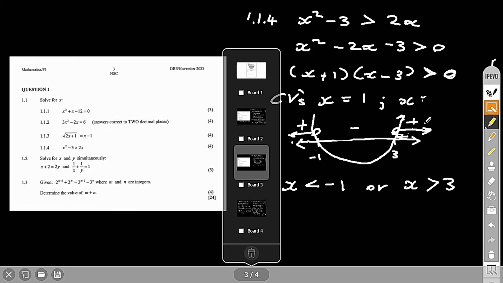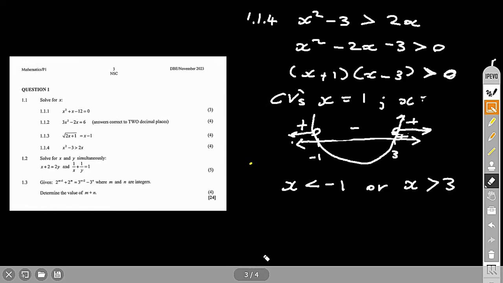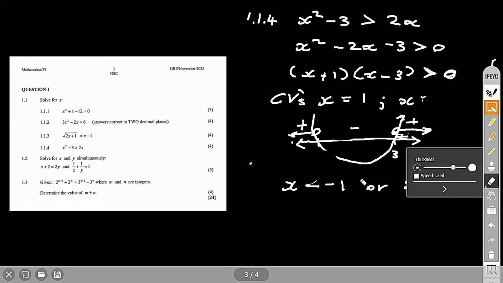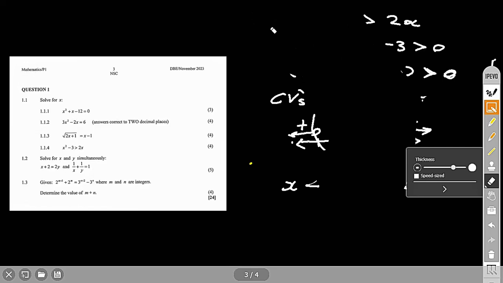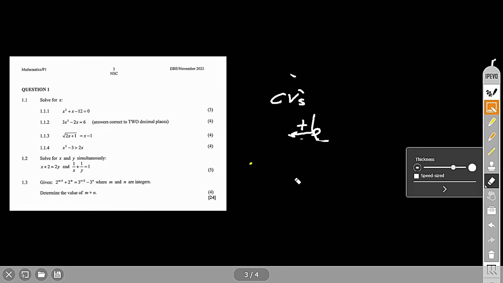Now let's do 1.3. Because of space, I'll just wrap here. Make the wrapper bigger.